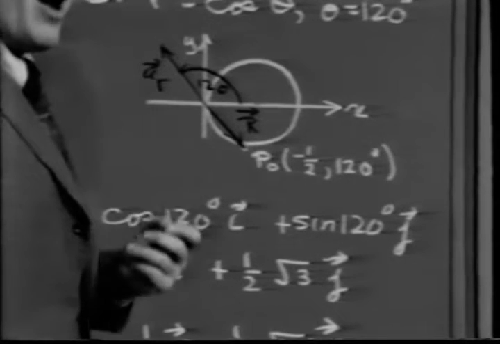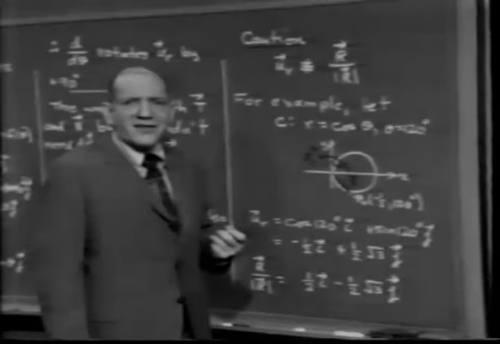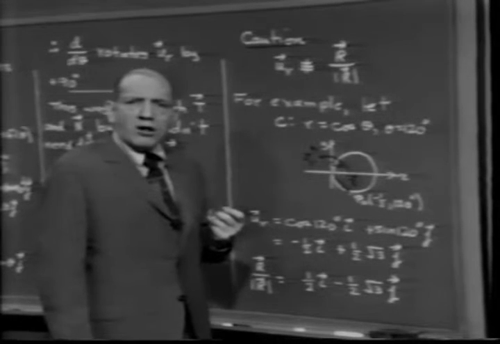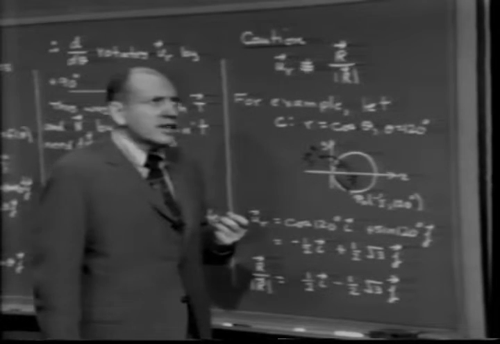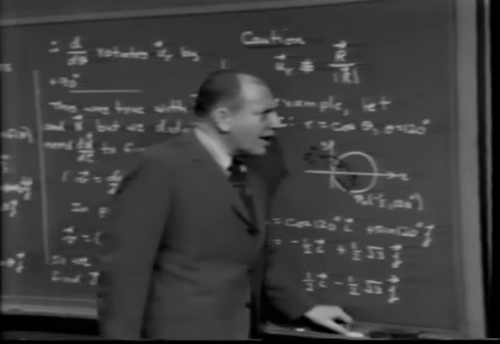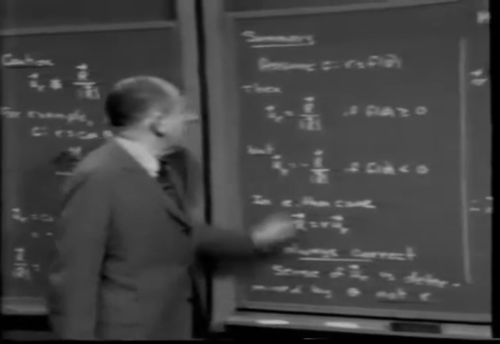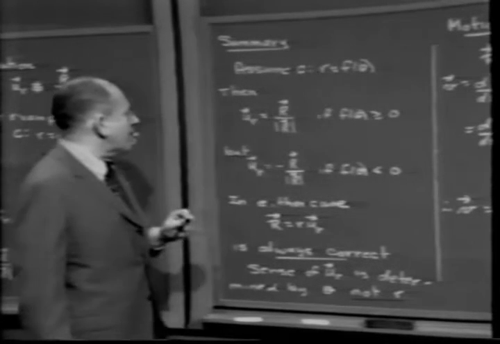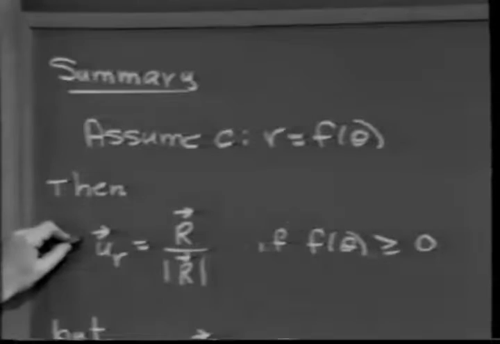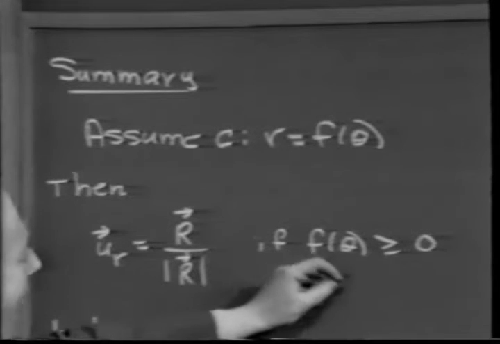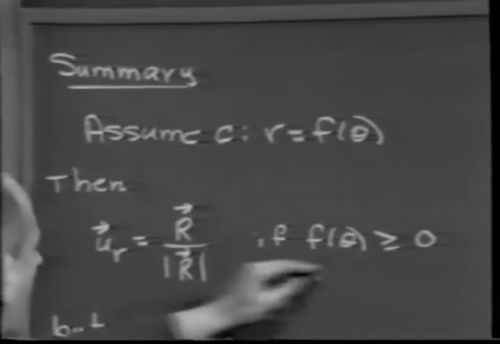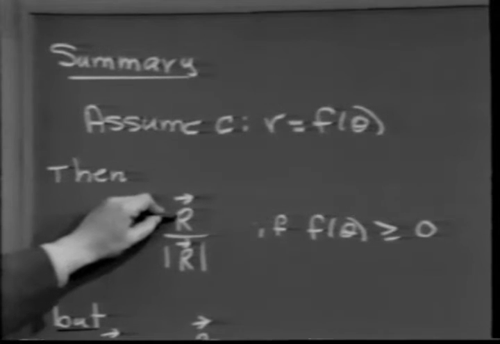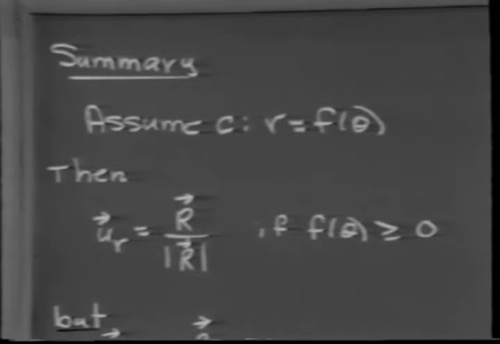You see, in other words, u sub r is almost the radius vector. In fact, it would have been if in polar coordinates little r happened to be positive. Let me summarize that in a different way. Let's assume that we have a curve C whose polar equation is r equals f of theta. Then the idea is this: if f of theta happens to be at least as big as 0, then u sub r is equal to the radius vector R divided by its magnitude.